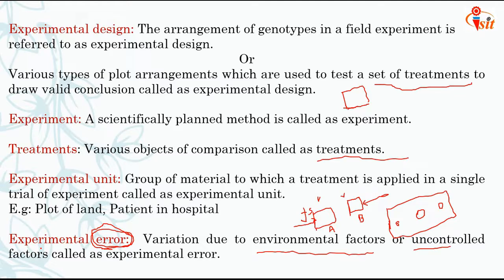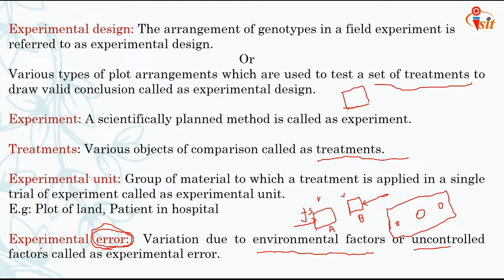Whatever the expression of that variety is, it is only due to the hereditary material, not due to the environment. And if the differences within the same variety are due to the environmental condition, then that variation will not pass from one generation to the next. Only the heritable variations will pass from one generation to the next.